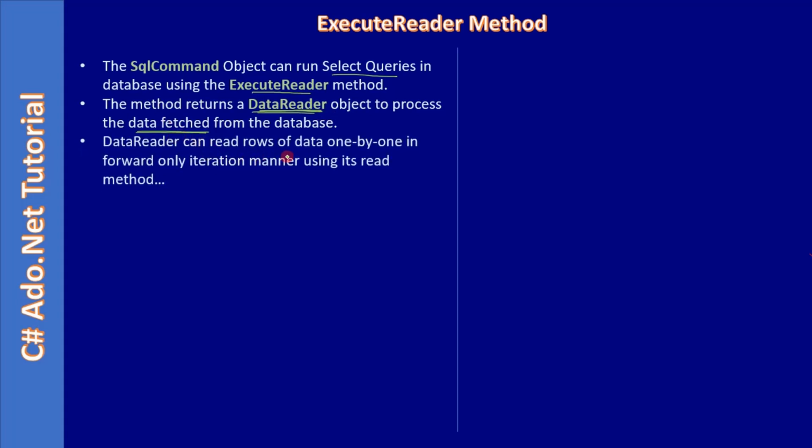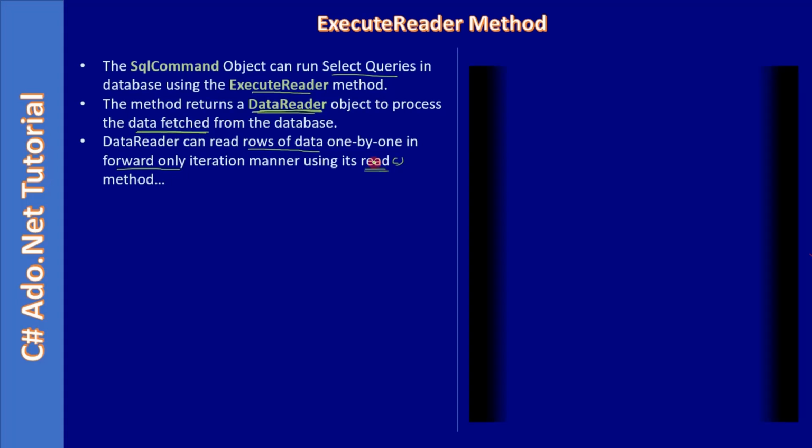DataReader can read rows of data one by one in a forward-only iteration manner using its Read method. So we can use the Read method and iterate through the records.